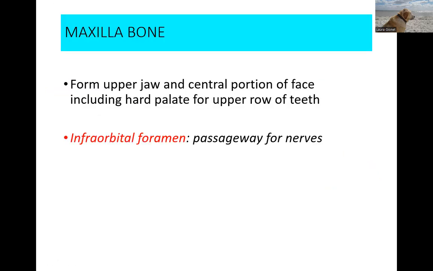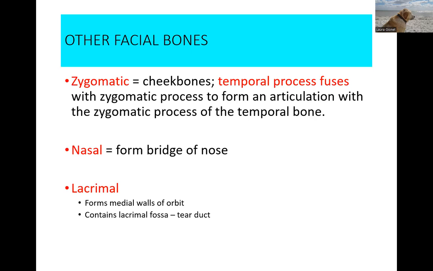The maxilla bone forms the upper jaw and houses the upper row of teeth. The only feature you have to identify is the infraorbital foramen, which functions as a passageway for nerves. Other facial bones, the zygomatic bone.